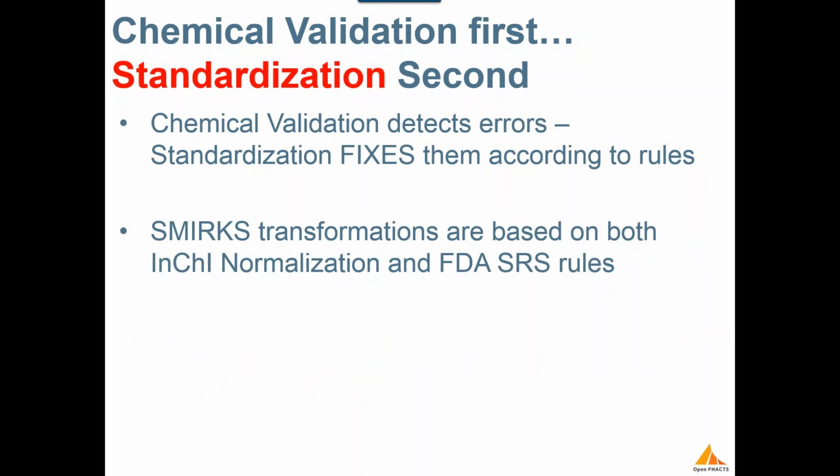What standardization does is it fixes them according to the rules that we've encoded based on the SRS document, as well as feedback that we got during the development of the project. It's a set of SMIRKS transformations, and it uses both InChI normalization approaches as well as the FDA SRS rules.